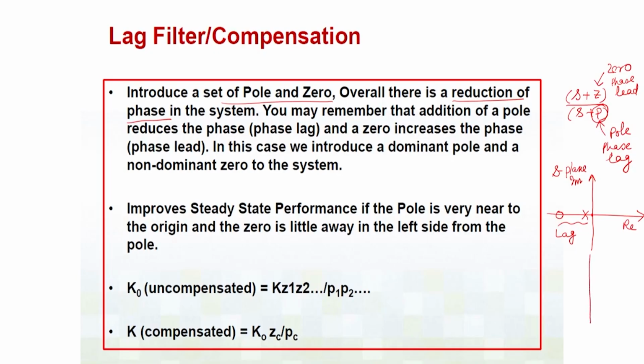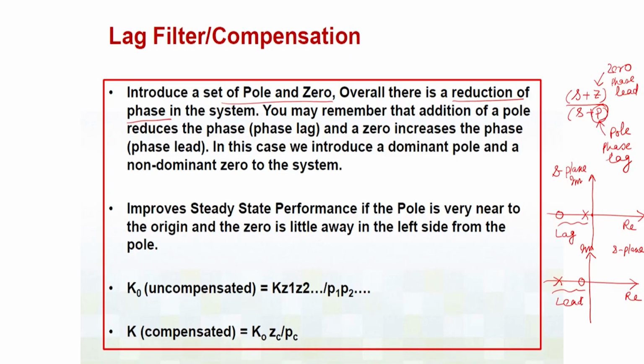On the other hand, if I draw another diagram in the same S plane, real versus imaginary, and there I have a 0 which is closer to the origin and the pole is away, this combination is called the lead compensator.